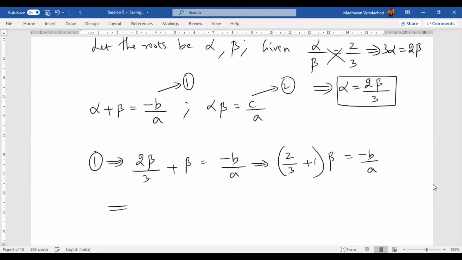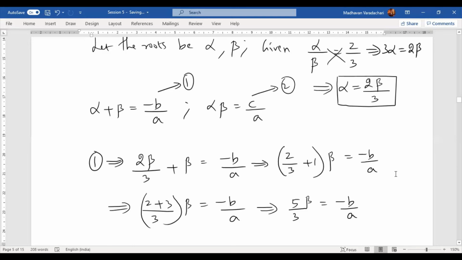Or further, taking 3 as LCM, you will have 2 plus 3 times beta by 3 is minus b by a. Or this is 5 by 3 times beta is equal to minus b by a.